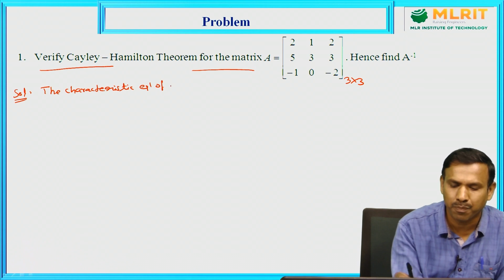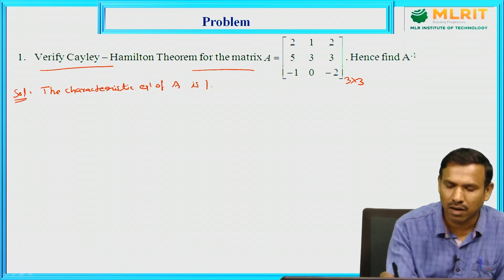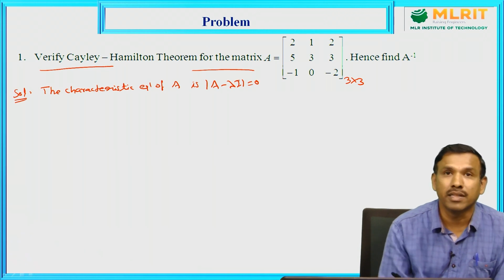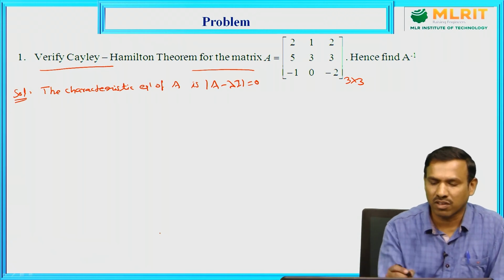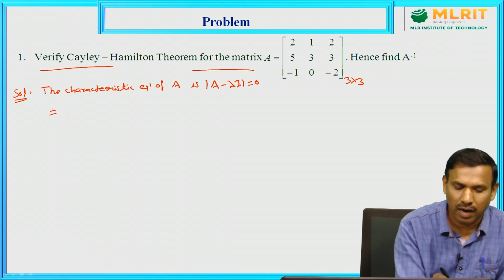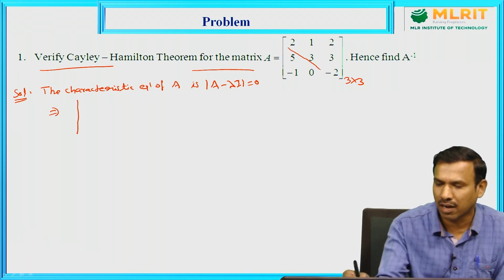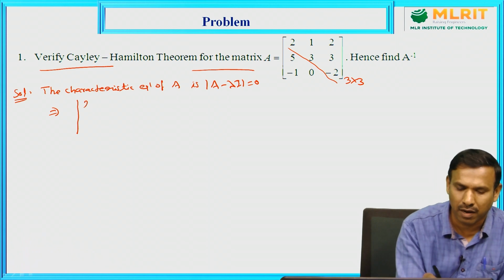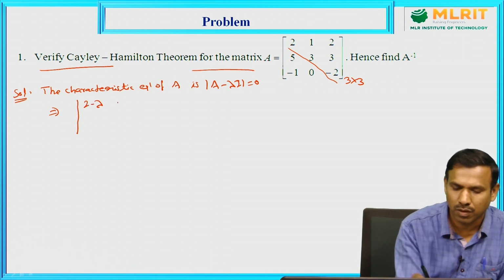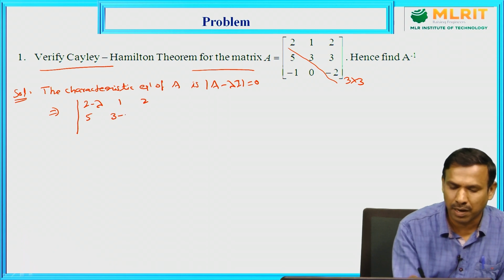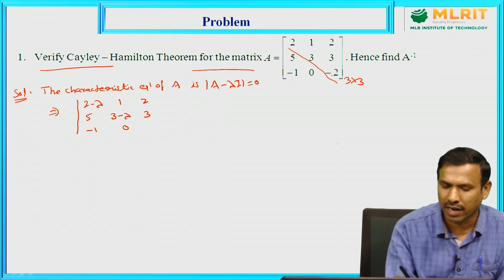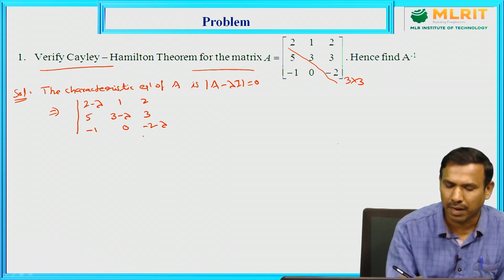The characteristic equation of A is det of A minus lambda I is equal to 0. We know very well from the eigenvalues and eigenvectors topic how to find this. From the diagonal elements subtract lambda: 2 minus lambda, 1, 2; the remaining entries have no change; the diagonal element 3 minus lambda with 3, minus 1, 0; and the third diagonal element minus 2 minus lambda.